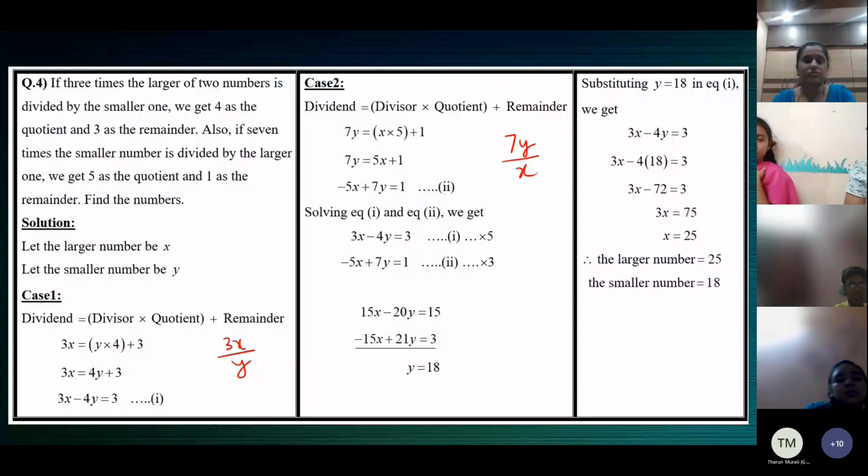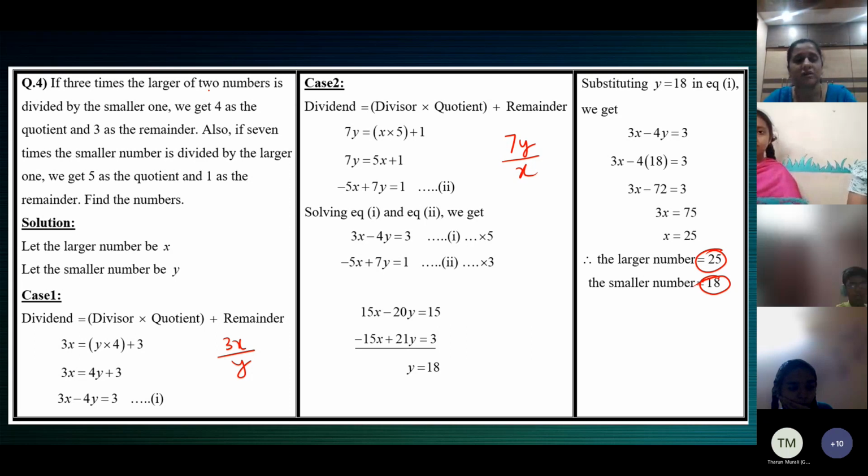Here, it was about 2 different numbers. See, the numbers are 25 and 18. Here, the question is about 2 different numbers, larger number and smaller number.